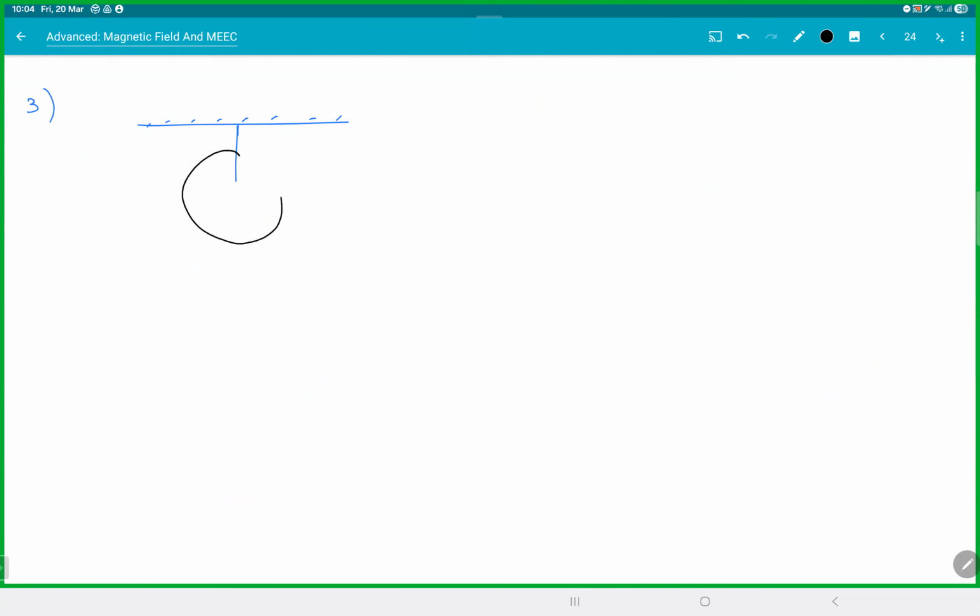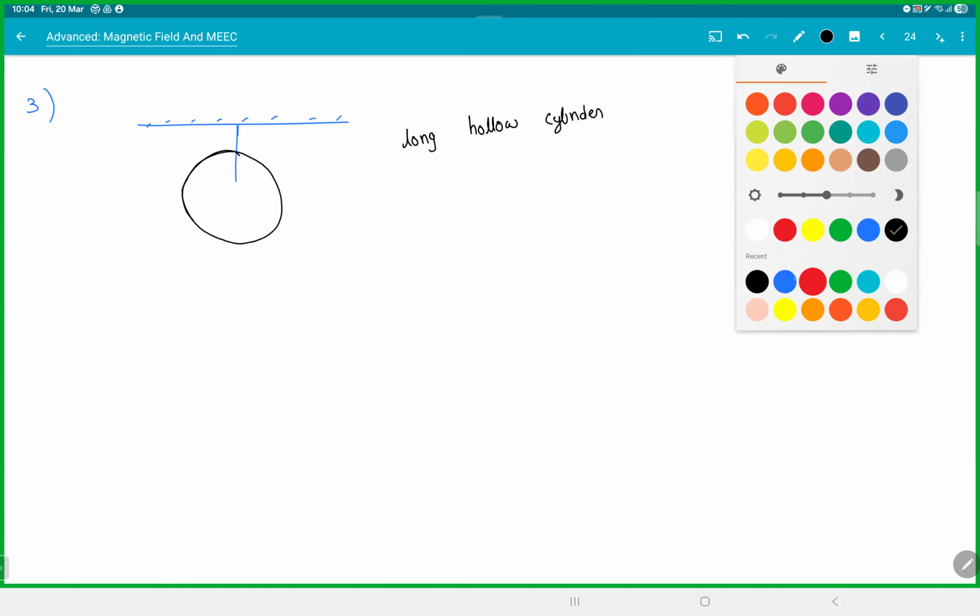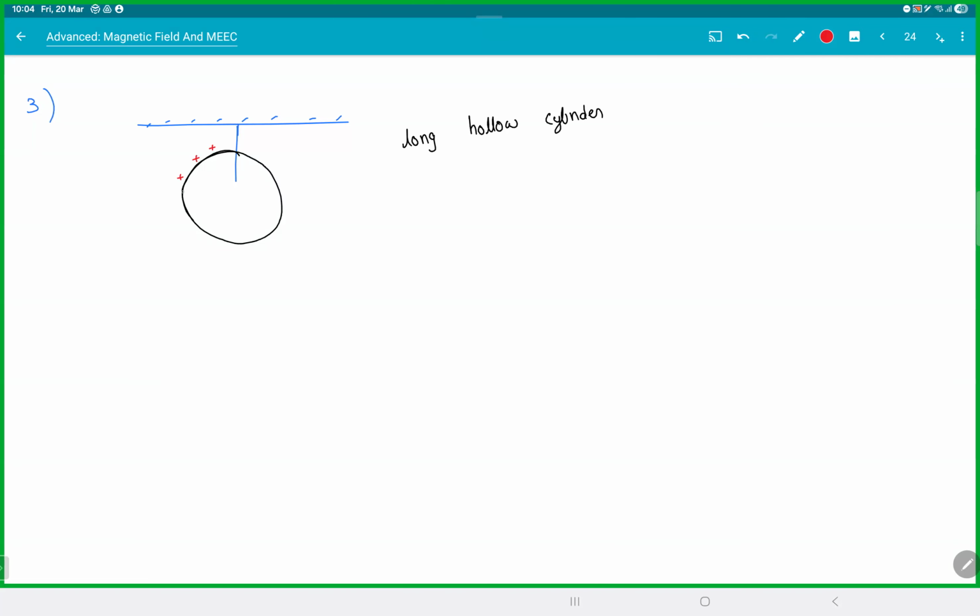So we got a cylinder. This is a long hollow cylinder. This is the front view I'm showing you. This whole thing has a charge, sigma. It is hinged in the center. So don't worry how it is done. Mass m, radius r. Then you tied a rope and connected a block M. Gravity is there.